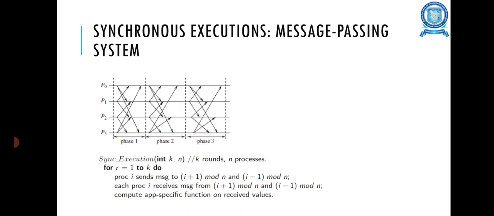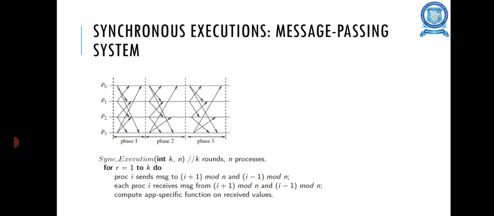The next one is synchronous execution using message passing. Here, the same P0, P1, P2, P3 processors. In the synchronous system, the following code is used. That means synchronous execution of int k, n. k represents the number of rounds, n represents the number of processes. Then for r equal to 1 to k, process i sends a message to the next process i plus 1.